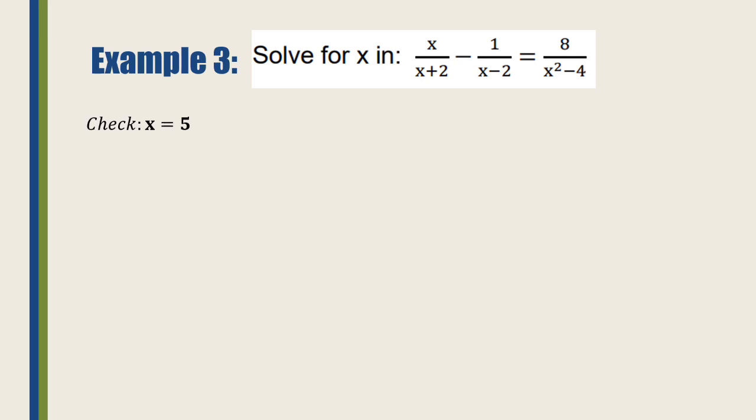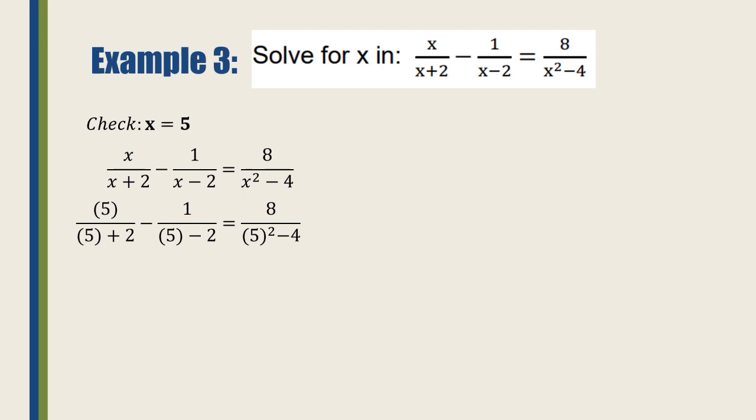Let us check at x equal to 5. Okay, so the given rational equation is x over x plus 2 minus 1 over x minus 2 is equal to 8 over x squared minus 4. So we are going to substitute 5 to variable x.